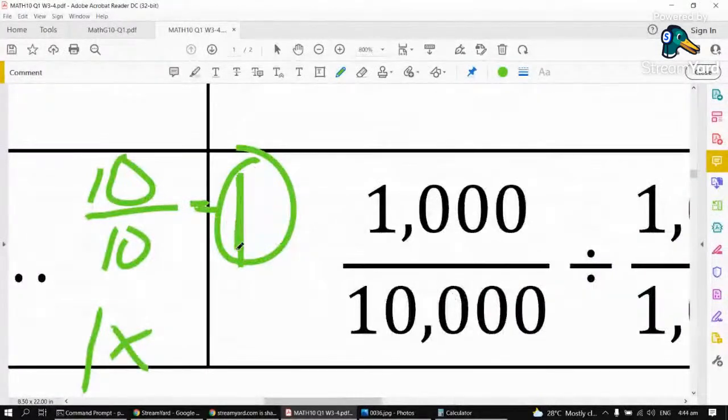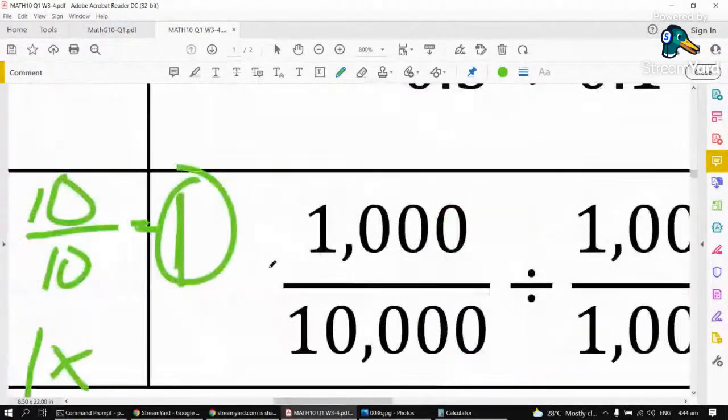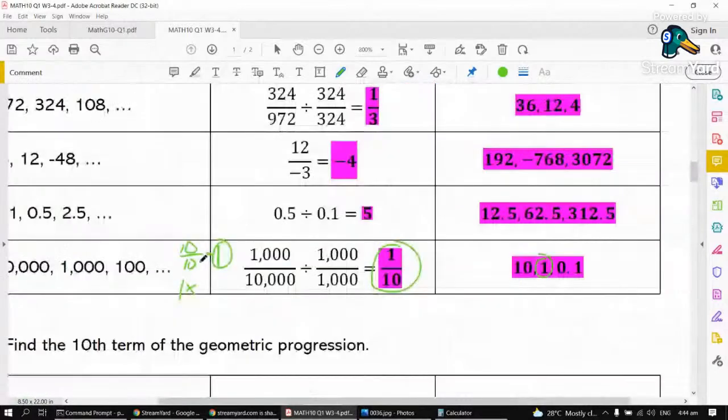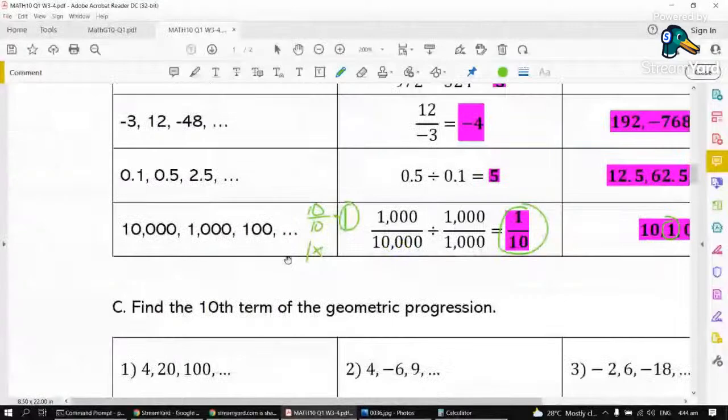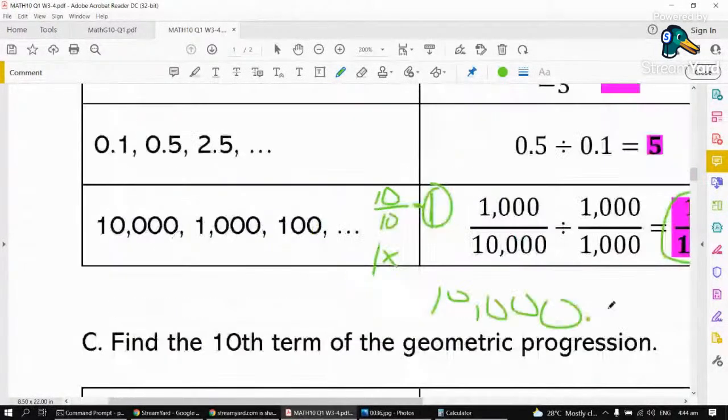So, nag-umpisa tayo sa 10,000. Next is 1,000.